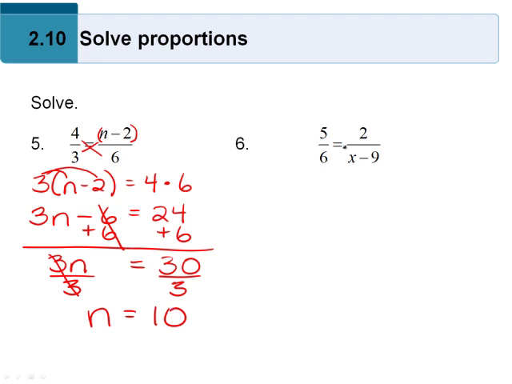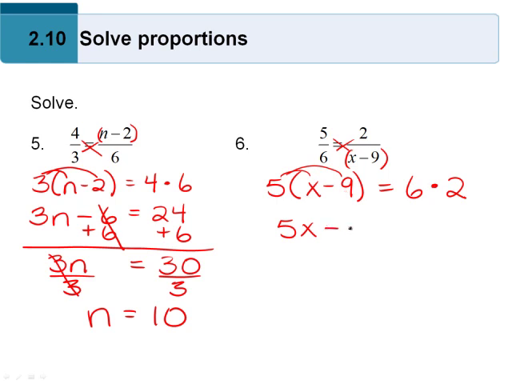5 over 6 equals 2 over x minus 9. So remember, keep that x minus 9 in parentheses. So we have 5 times x minus 9 equals 6 times 2. Okay, we're going to distribute the 5, so that's 5 times x is 5x. 5 times a negative 9 is negative 45, equals 6 times 2 would be 12.